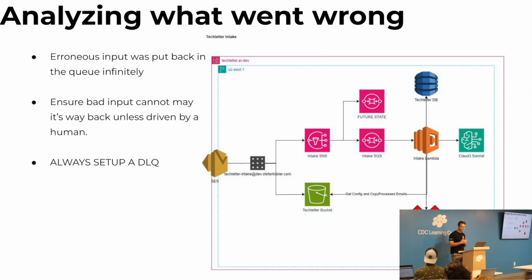Where this can be really helpful is maybe there's a code error and it's not an input error. You can fix your code, and the DLQ is a special type of SQS queue, so you can just hit one button and redrive all those messages right back into your intake Lambda. That's why right here I said, unless it's driven back by a human.